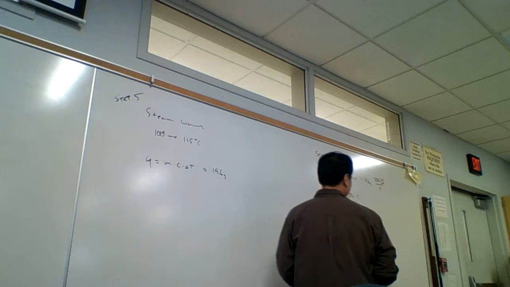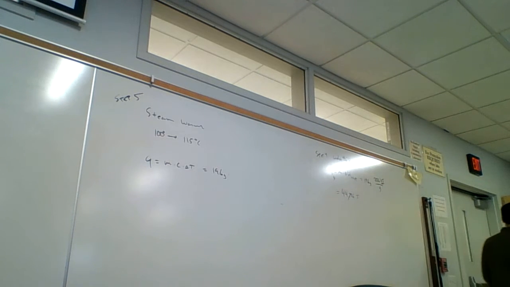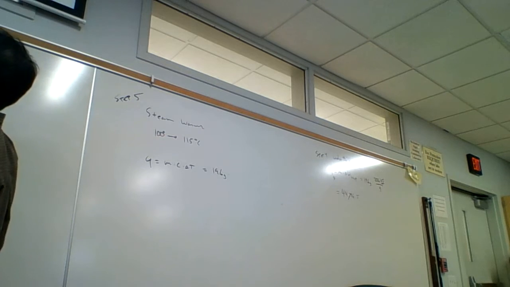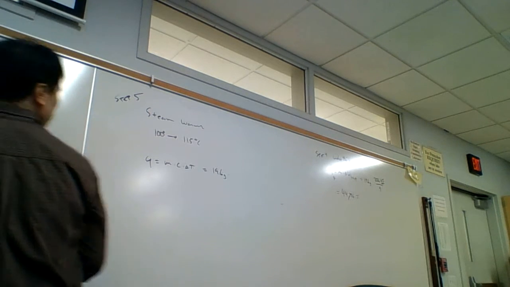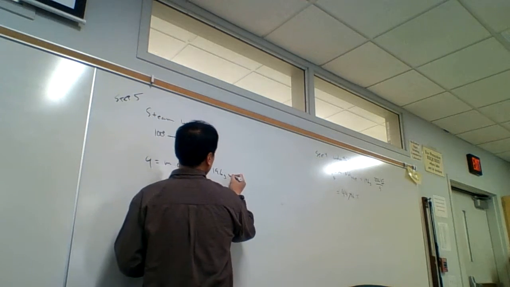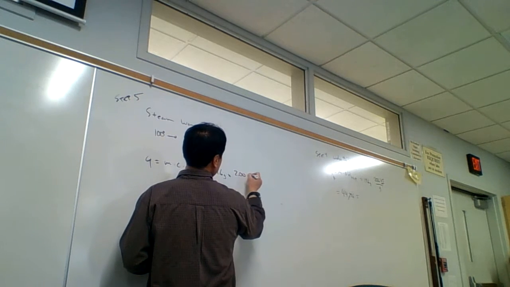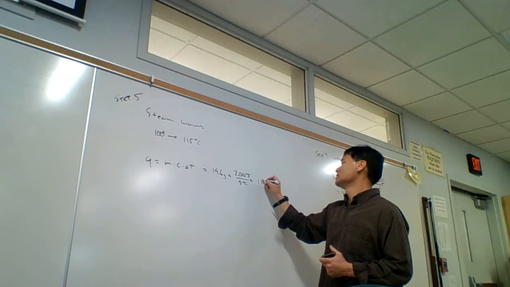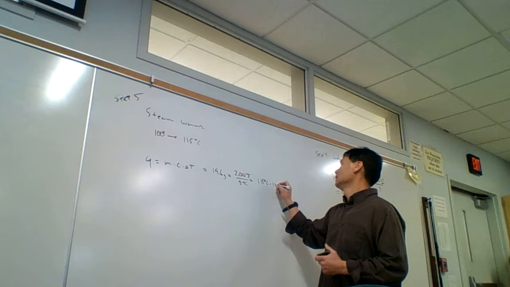Now, the specific heat of steam, we have to look that up. The specific heat of steam is 2.00 joules per gram degree C. So 2.00 joules per gram degree C times our delta T. We're only warming it up to 115 degrees C. So 115 degrees C is the final temperature.